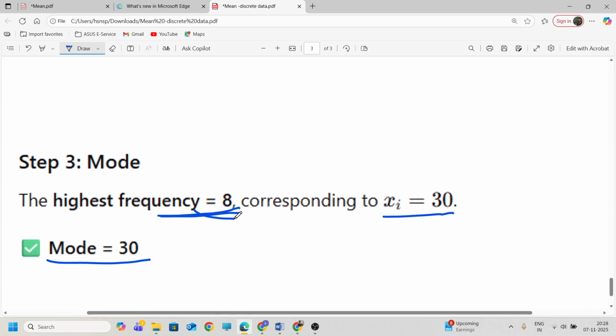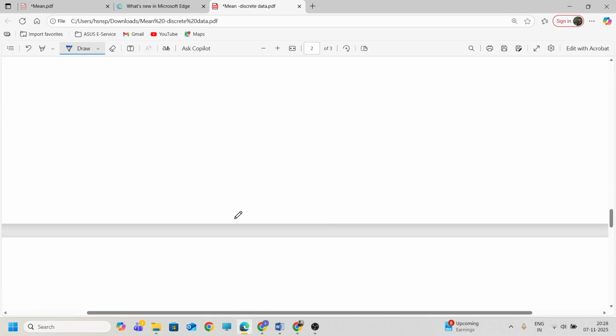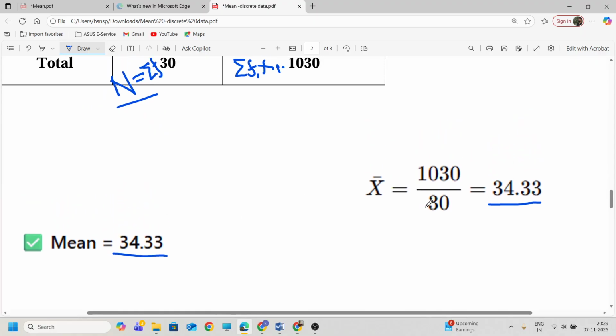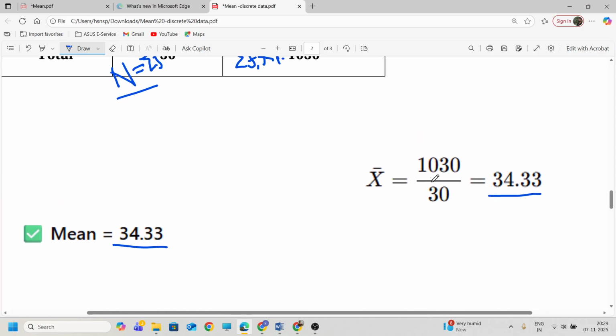So here, recall: mean is sigma fx divided by sigma f, the summation of frequency into data divided by the total frequency.